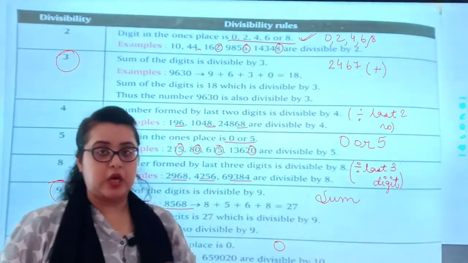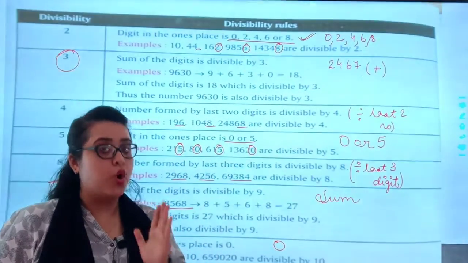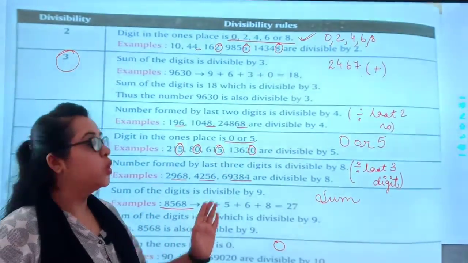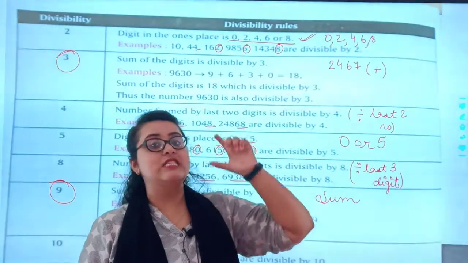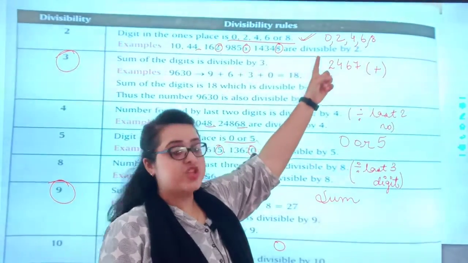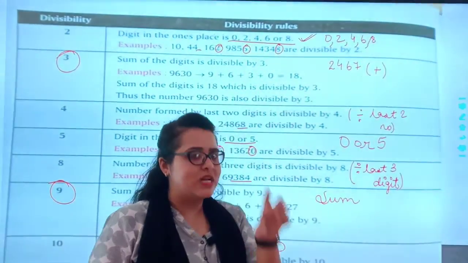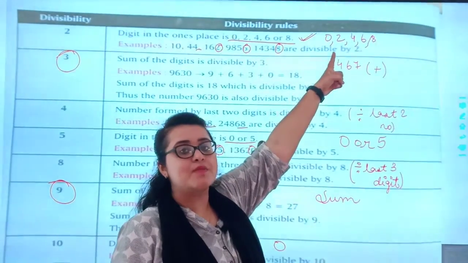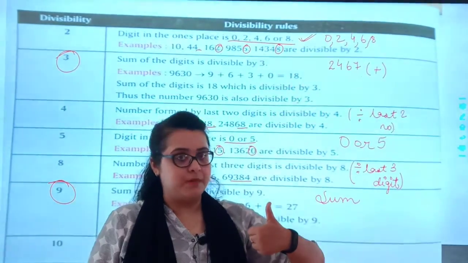If we want to check whether a given number is divisible by 2 or not, what we will do? We will have a look on the last number, that is ones number. I will check that 0, 2, 4, 6, 8. अगर ones की place पर इन सब number में से कोई है, then I can say that this number is divisible.